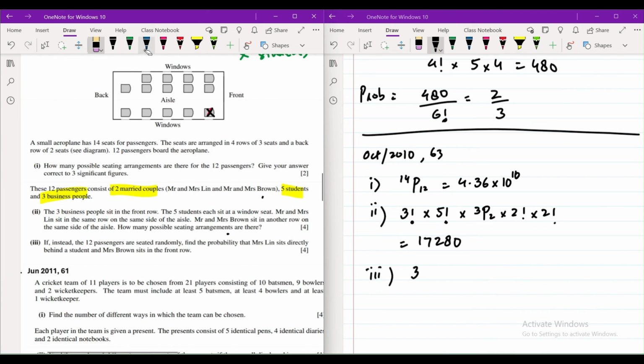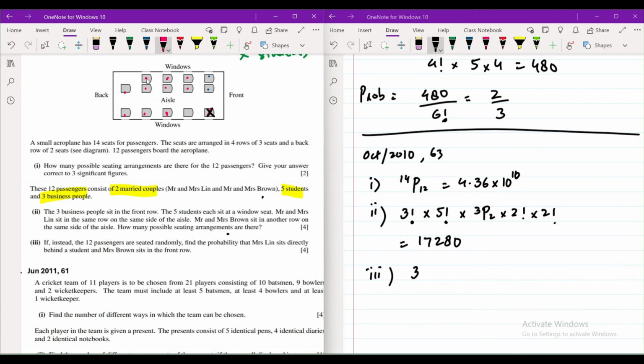This means that the student cannot sit over here. So the student will either be over here or over here, if we're talking about the front row seats. So that means Mrs. Lin cannot be sitting over here. So in the second row, Mrs. Lin can only have two possible seats, but the rest of them are open to her.